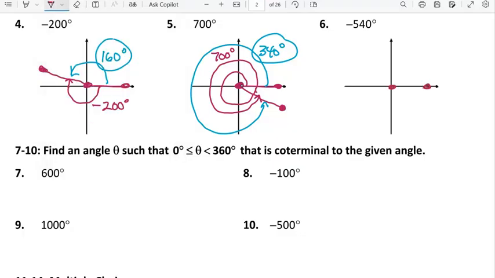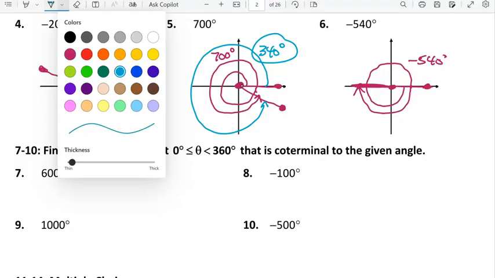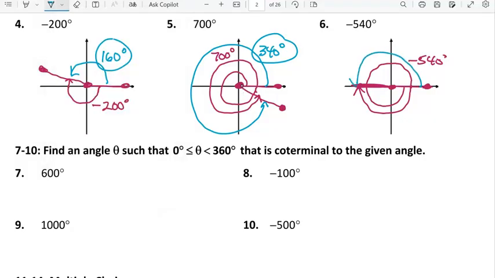So we're starting again on the positive x-axis to write this in standard position and rotating in a clockwise direction for a negative angle. And I'm going to rotate a total of 360 degrees for one full revolution. And then in addition to that 360 degrees, we'll go an additional 180, and that'll give us a negative 540-degree angle. And so our terminal side is right there on the negative x-axis, and an angle that is positive and terminates in the same place would be a 180-degree angle.